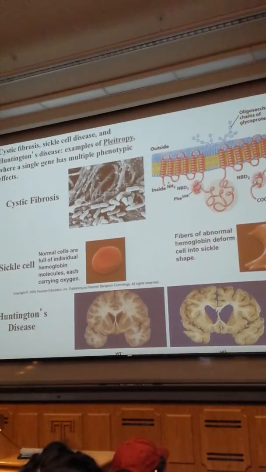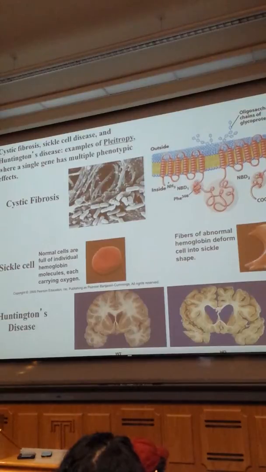That was unheard of 25 or 30 years ago. It's a pleiotropic disease because it affects respiration, it affects muscle strength because they can't get in enough oxygen, and it affects their overall quality of life.